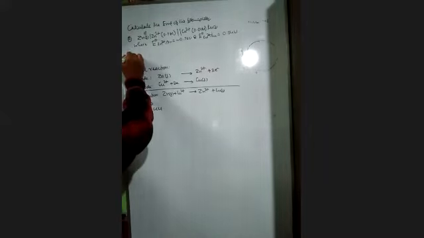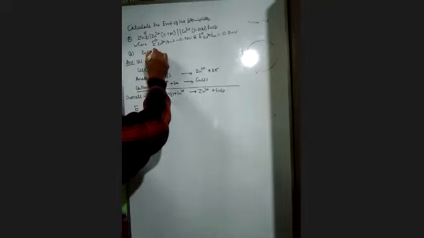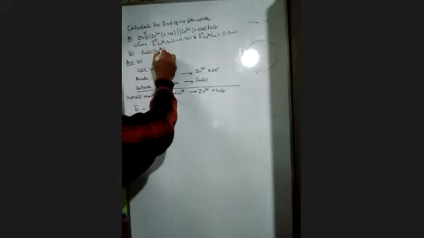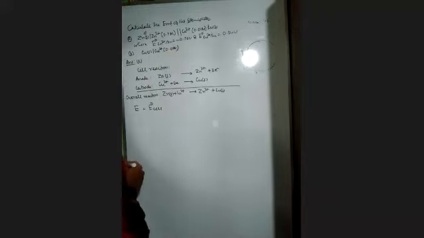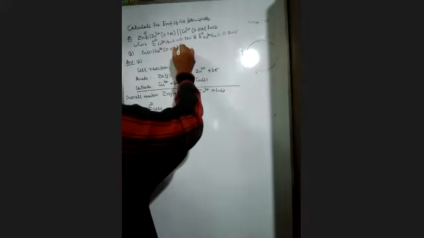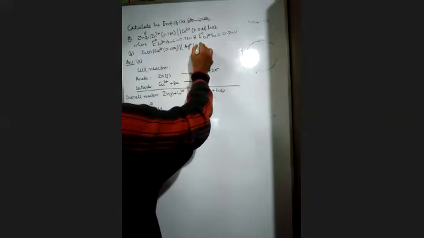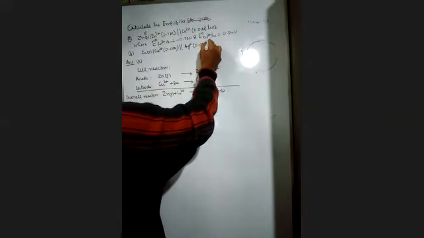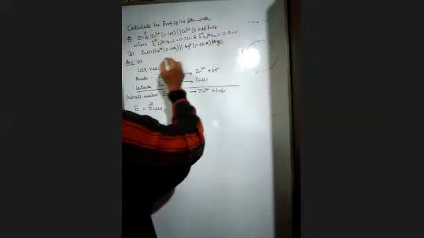And here I'll write B: Cu(s) | Cu2+ 0.01 molar || Ag+ 0.001 molar | Ag(s).